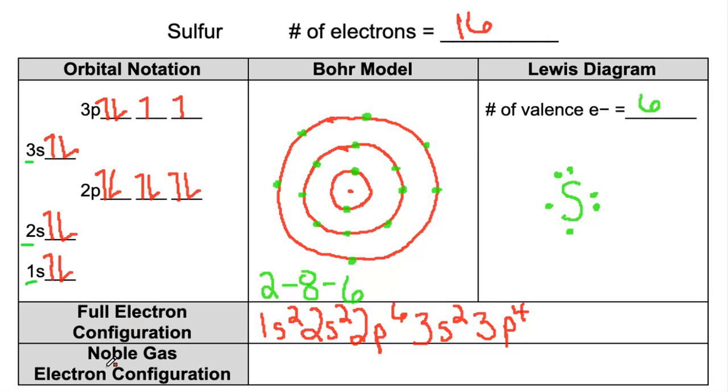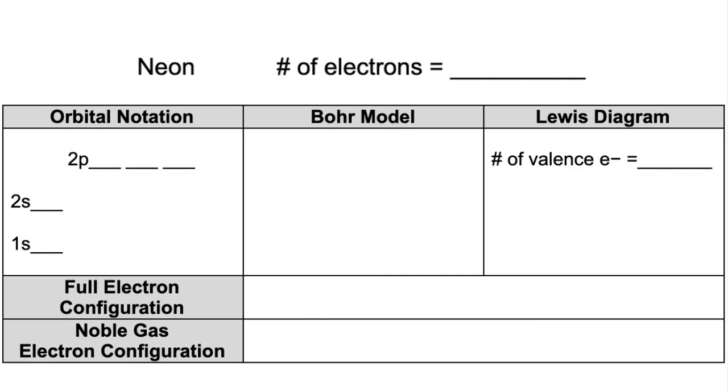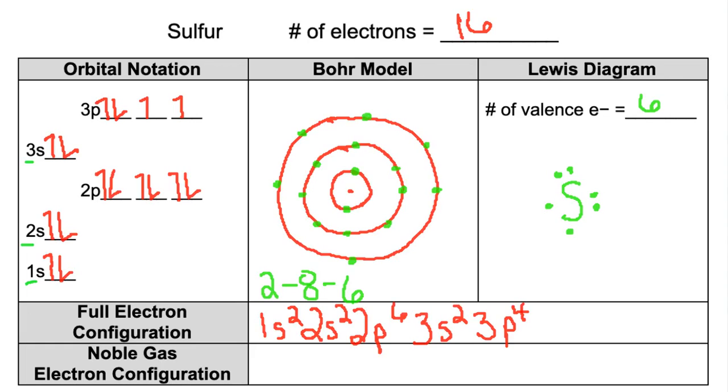Now this is where the noble gas configuration is going to come in handy. Remember, last example we found the electron configuration for neon was 1s2, 2s2, 2p6.